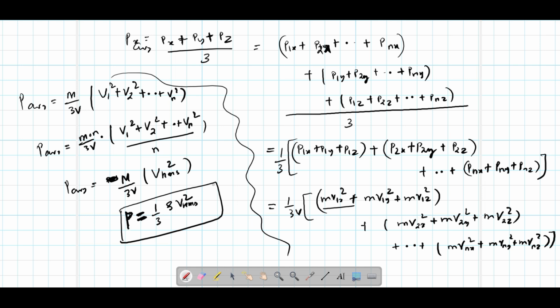So next is, state the law of equipartition of energy, and find the specific heat ratio for a non-linear triatomic gas.